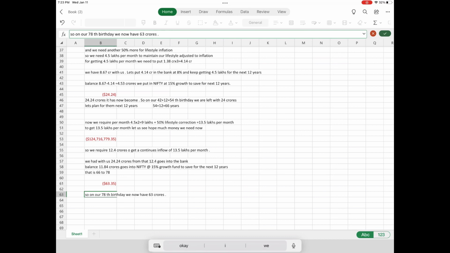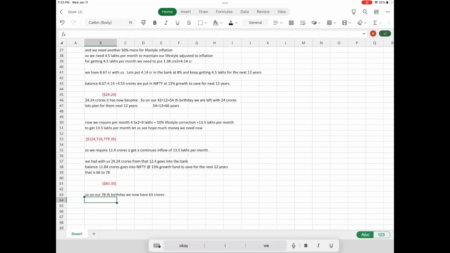Now it's again a matter of how you look at it. Your medical expenses may go up, so you may require more money, or your needs may be very less and you may require less money because you are not going to party that much. Probably, I am just guessing, you may not have foreign trips or anything. So your expenses may go up or go down. This is subjective, so based on that you can take a call.